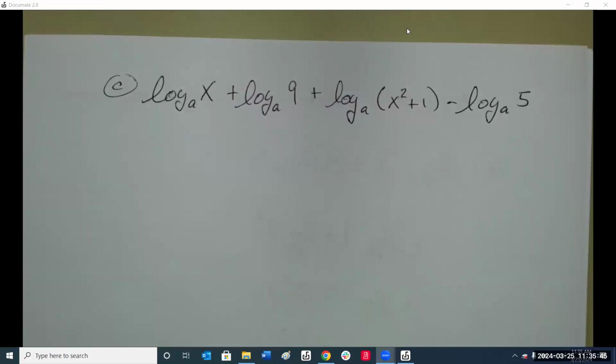Remember, whatever has a plus in front of it goes on top. Whatever has a minus goes on the bottom. If they all have pluses, or if they all have minuses, they're multiplied together.